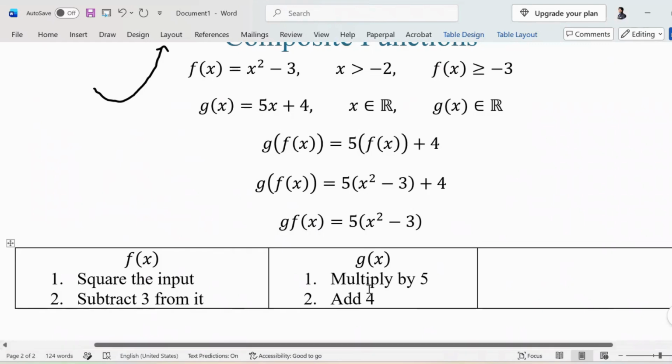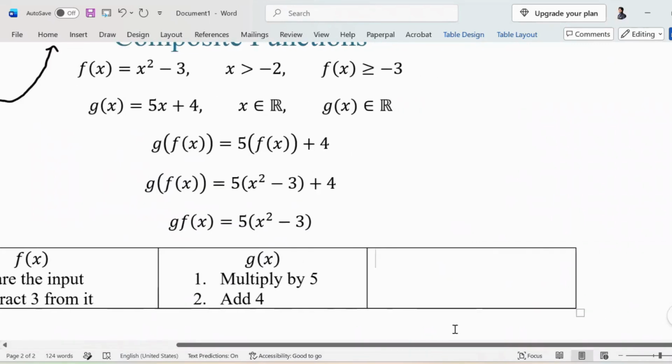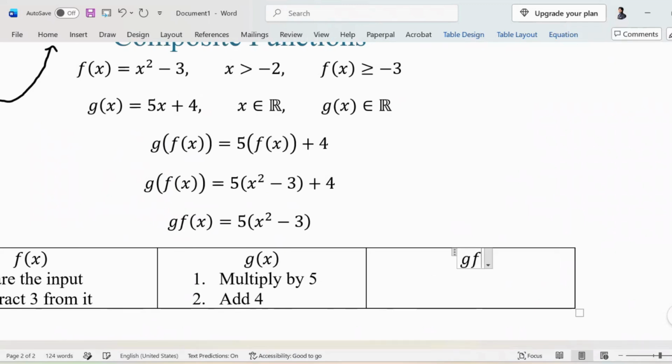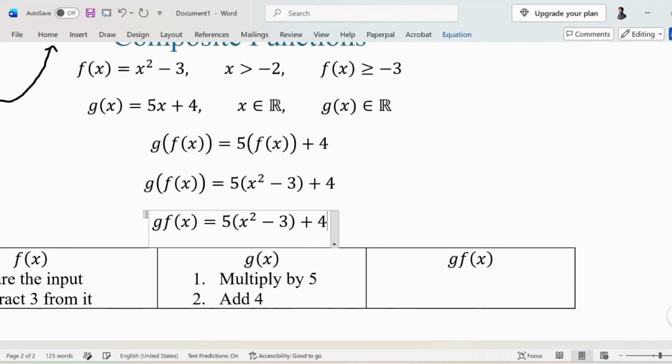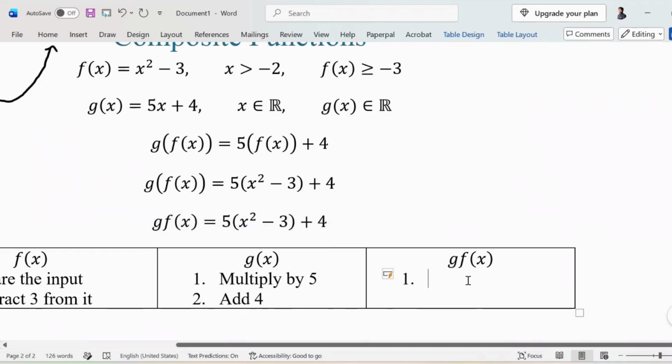Okay? Now let's talk about the composite g(f(x)). What is happening in the composite? Sequence of operations with your input. When you plug in anything in place of this input, what is the first thing that will happen? Very good. Actually, first the input is squared. Check again: if you plug in any value here, will you multiply it by 5 first?